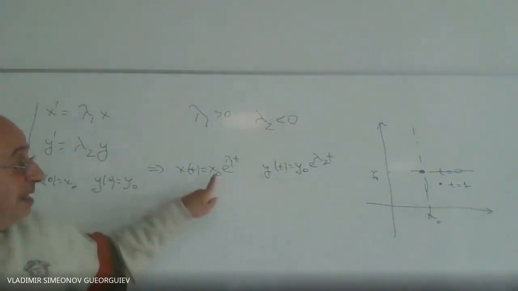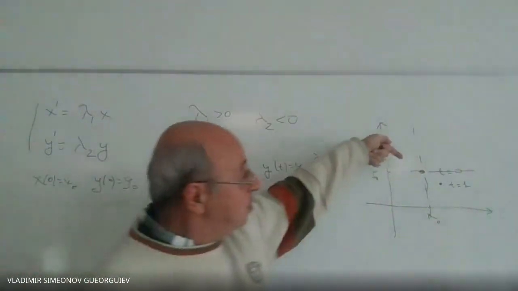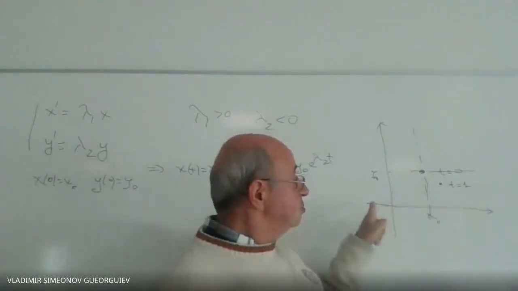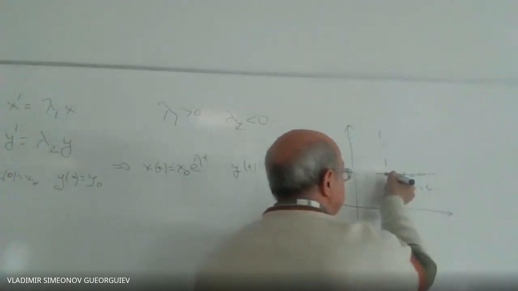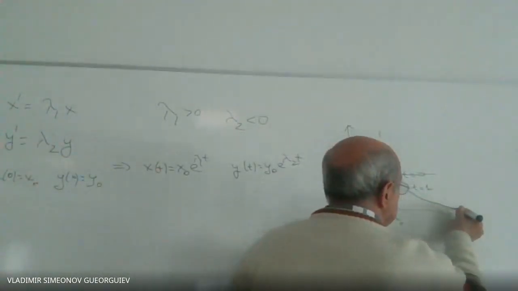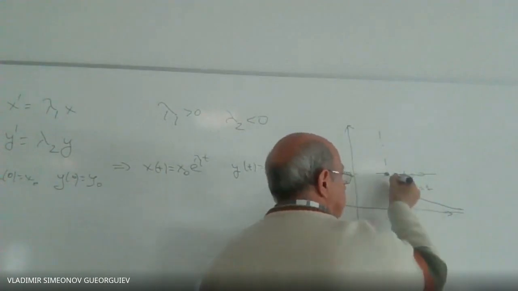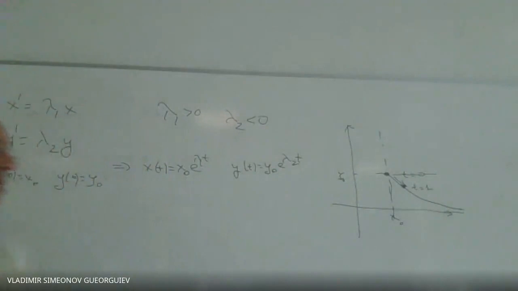So x goes to infinity, epsilon goes to 0. We shall go closer and closer to the x axis. And therefore, we shall have this picture. Approximately, our curve shall be in this direction and shall approach epsilon equals 0.